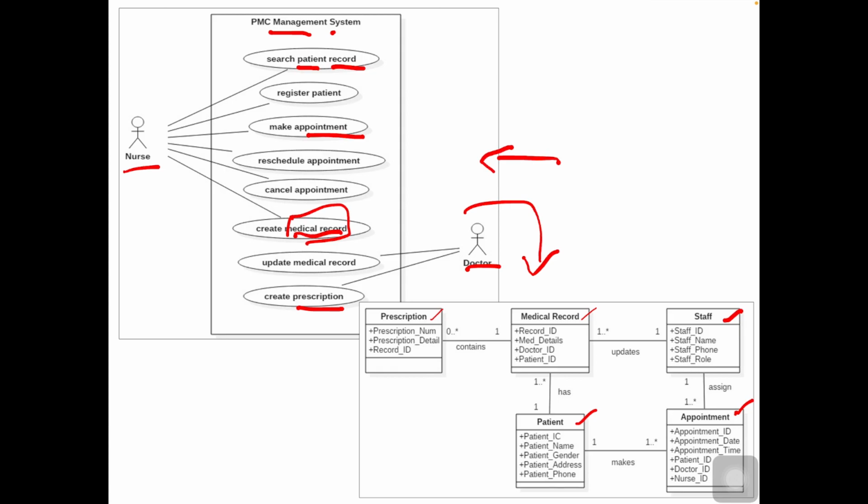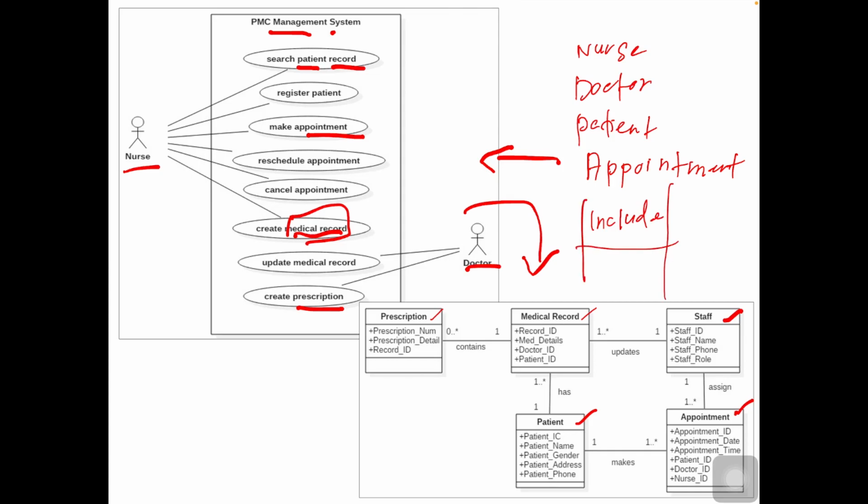But before we come up with the domain model class diagram, we might have a list of these nouns, and then we identify whether all of these nouns need to be included in the system. If yes, then as I told you before, we put them under the include section, and then we put them in our domain model class diagram.